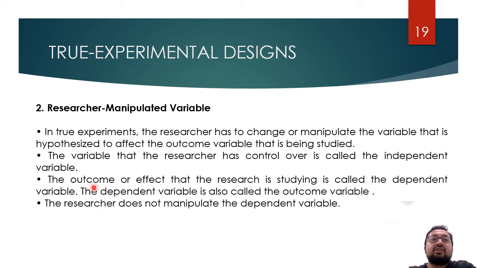Okay, the outcome or effect that the researcher is studying is called the dependent variable. The dependent variable is also the outcome variable. The researcher does not manipulate the dependent variable. Yang kita boleh manipulasikan adalah independent variable, manakala dependent variable adalah outcome yang mana kita nak lihat dia punya kesan dia.